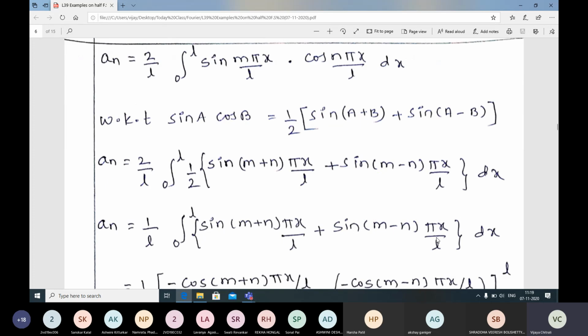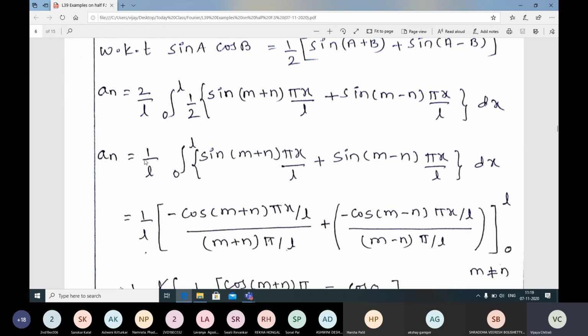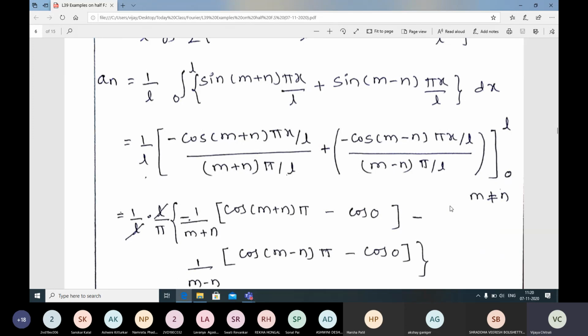Now integrate this with respect to x. So this 2 gets cancelled. So the next step, a n is equal to 1 by L integration from 0 to L sine m plus n pi x by L plus sine m minus n pi x by L. Integration of sine is minus cos m plus n pi x by L whole divided by m plus n pi by L, plus integration of sine is minus cos m minus n pi x by L whole divided by m minus n pi by L. Limits vary from 0 to L, provided m is not equal to n.